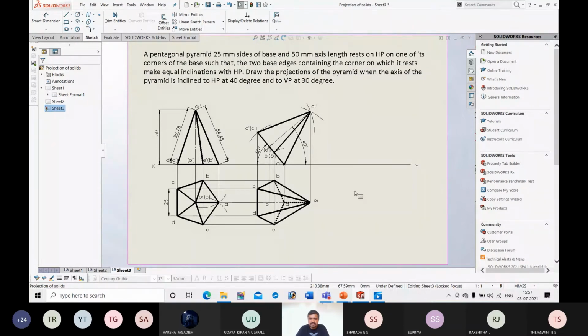Someone has to answer for this question. Inclination with VP, whether the given inclination is true or false.